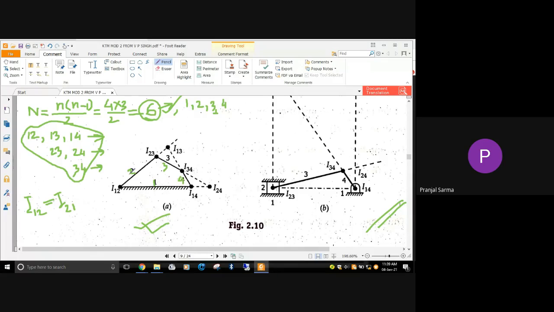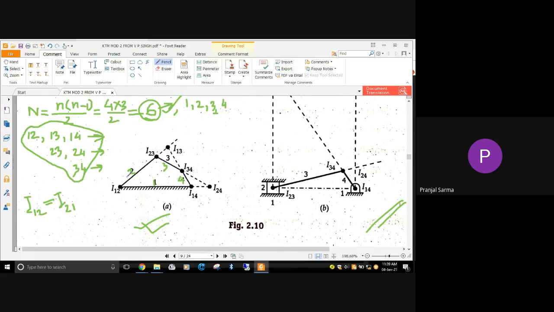We have got link one, link two, link three, link four. Between link one and link two there will definitely be an instantaneous center. What will its name be? It will be I21 or I12, the same thing.